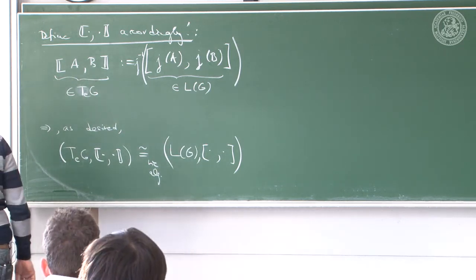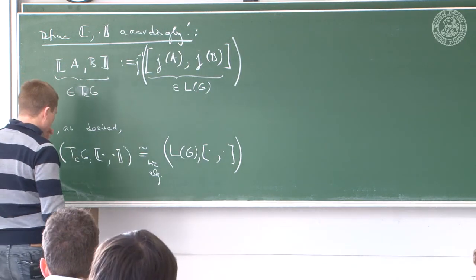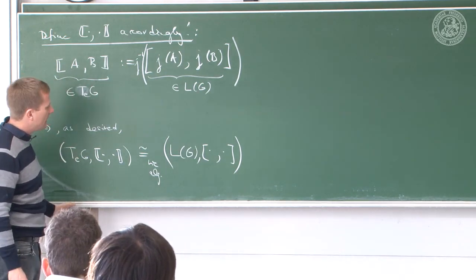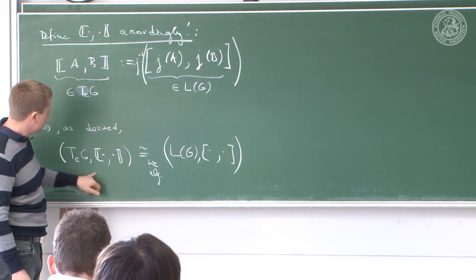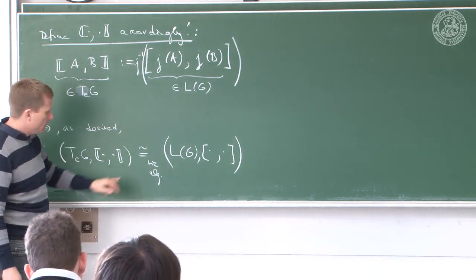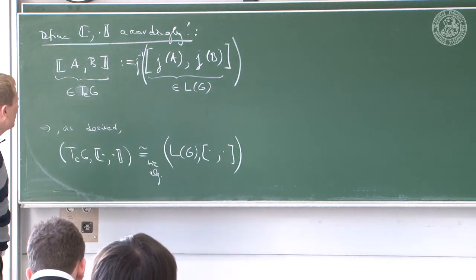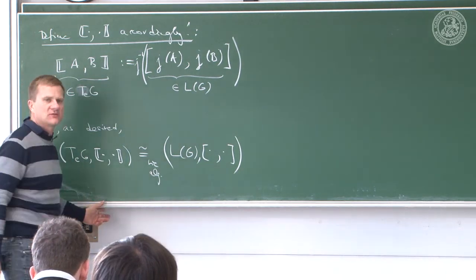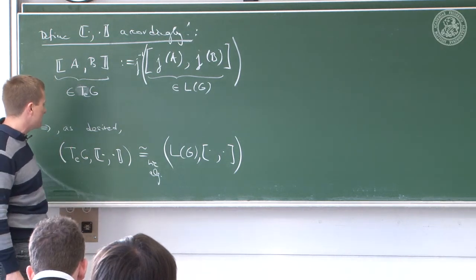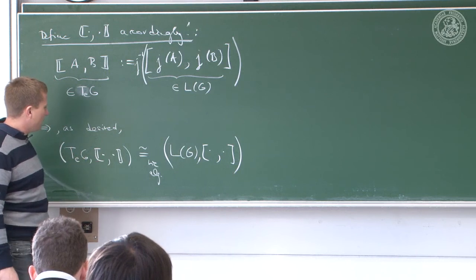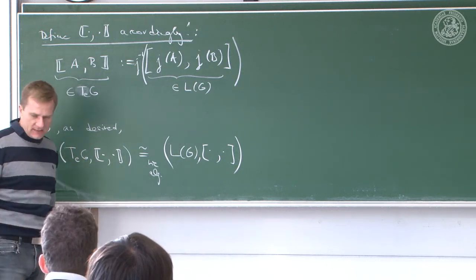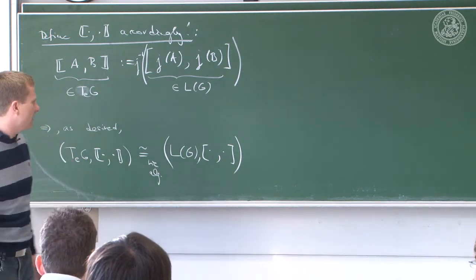So next time we'll look more closely at this Lie algebra, and we'll define in particular something called the Killing form. But the Killing form is not a form like we defined before. It's not antisymmetric. It's symmetric. It's a symmetric bilinear map. And the Killing form tells you a lot about the type of Lie algebra you have.